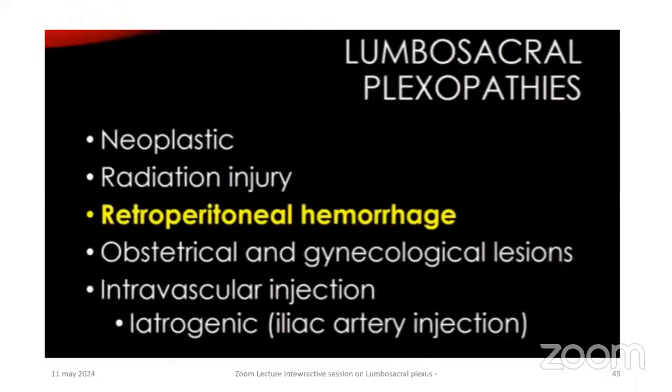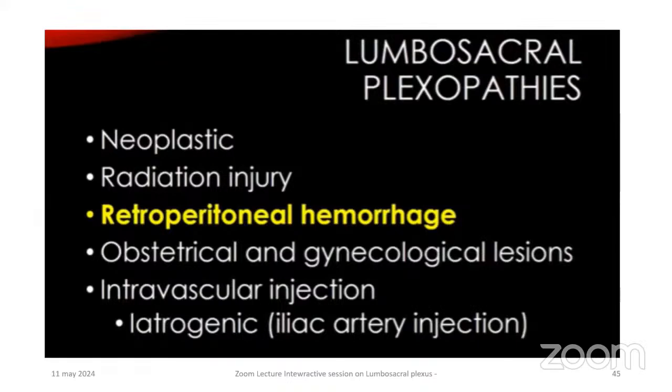Now we go to the lumbosacral plexopathies. One of the important causes of plexopathy, as I said, is neoplastic, secondary to carcinoma, cancer cell infiltration, or radiation therapy. Or it could be because of trauma, such as obstetrical and gynecological lesions and operations.